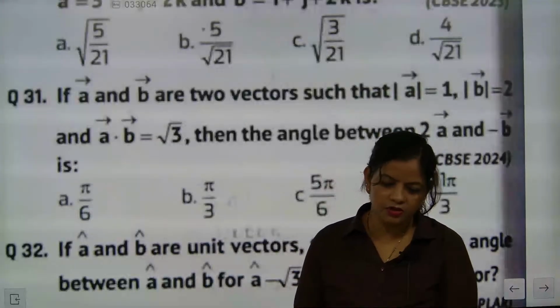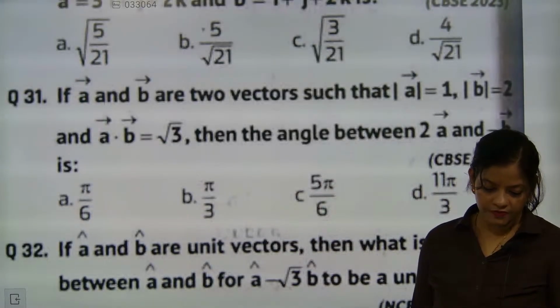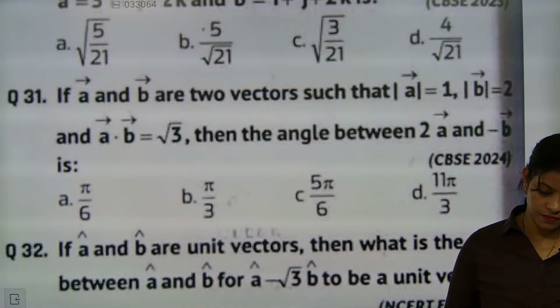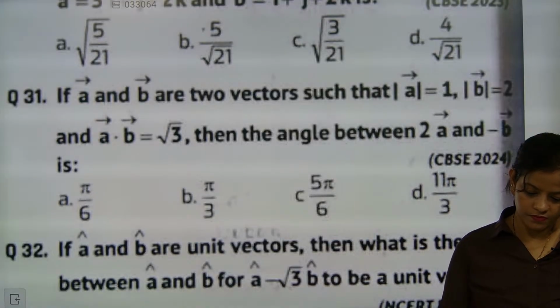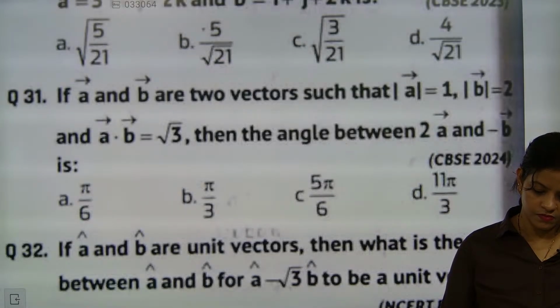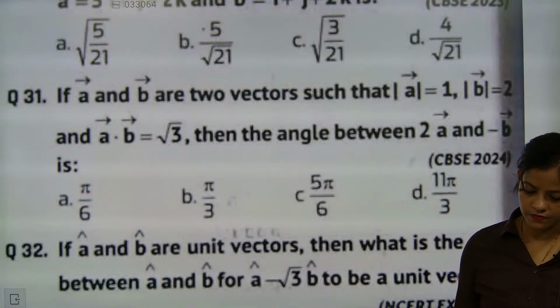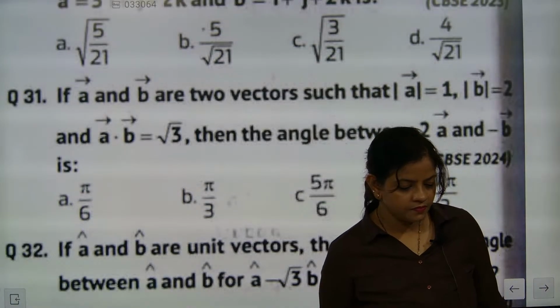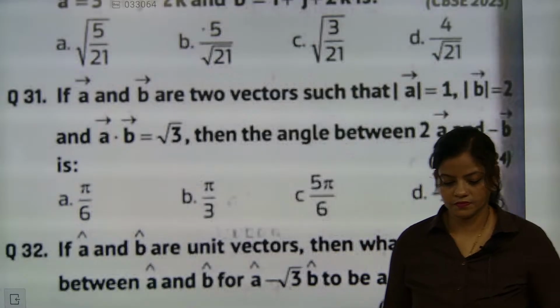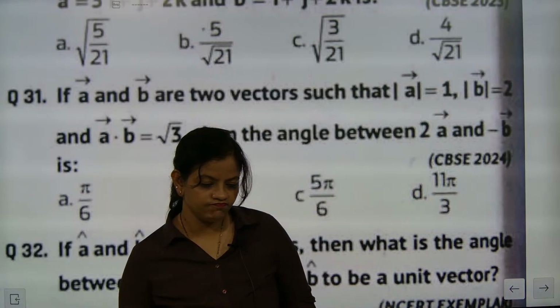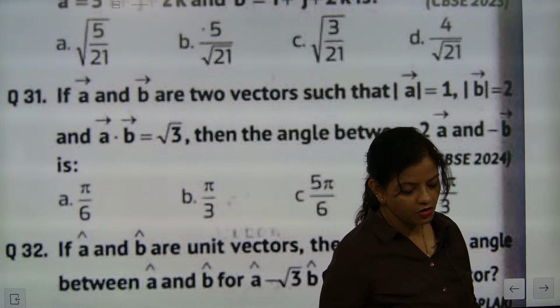Option B is also wrong. I will not interpret. B and C both are wrong answers.